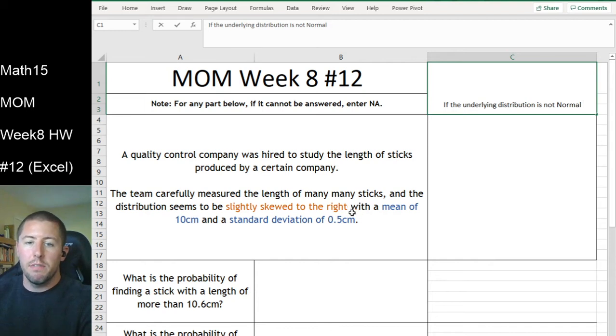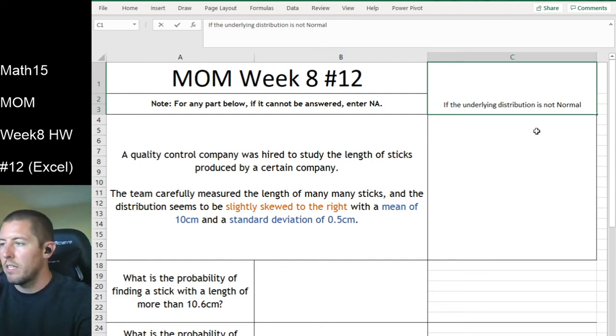But what we are going to find is that the distribution of samples that we collect will be normally distributed if the underlying distribution is not normal, we need a sample size of at least n equals 30 for the sampling distribution to be normal.